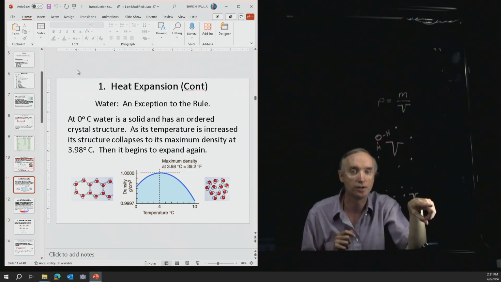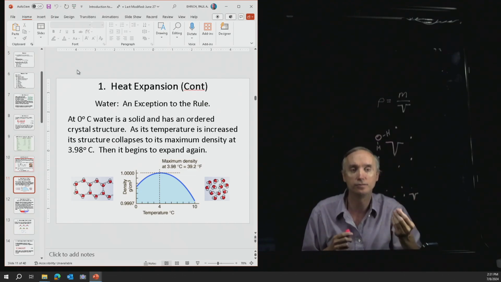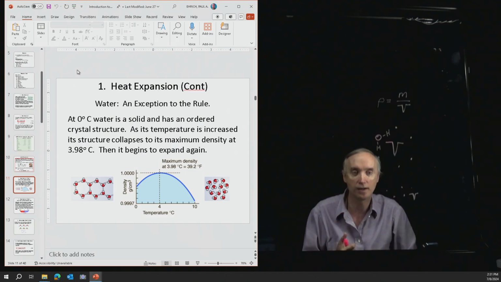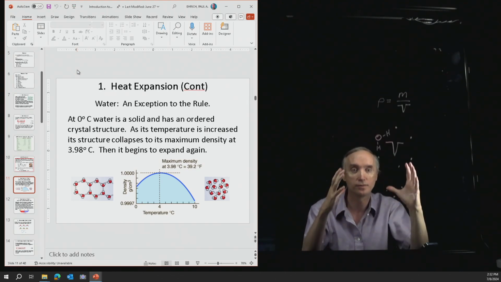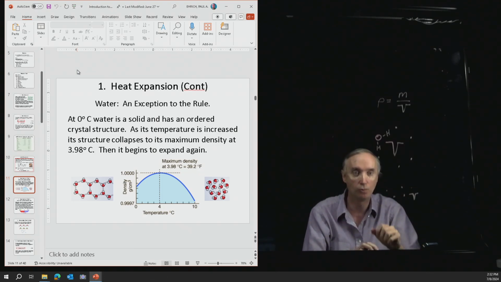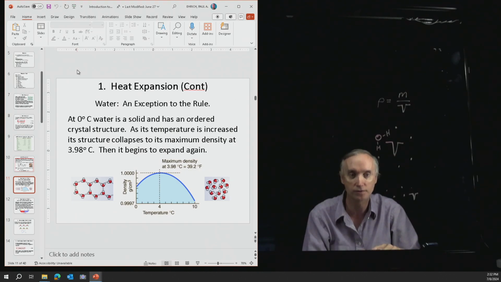So in that graph there, you have density going up and down, and then you've got the temperature going sideways. So we're going to start at 0 degrees Celsius, and you see that the ice is going to have a certain density. As we increase the temperature, notice that the density is increasing because the ice is collapsing into that liquid form. So when it becomes a liquid, it's going to have its maximum density, and that corresponds to about 4 degrees Celsius.